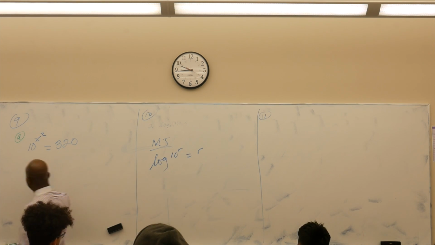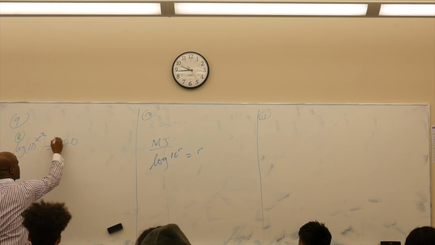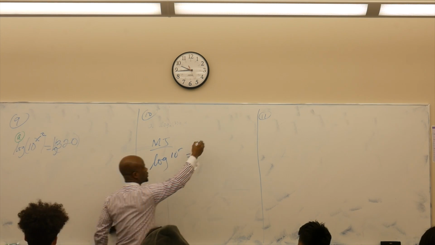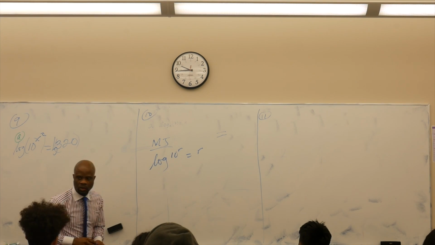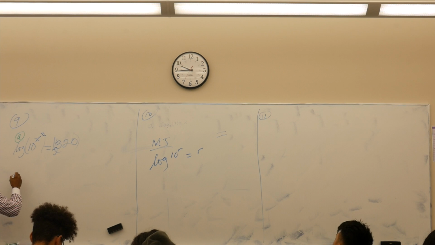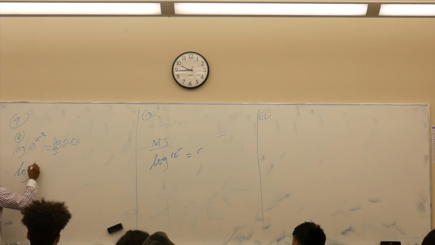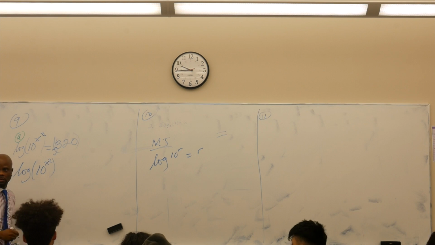Okay? We know this property. So now, all they're asking us to do is to use the principle of equality. We talked about that yesterday. Whatever you do to one side, you do to all sides. So this thing should become the log base 10 of 10 to the x squared.